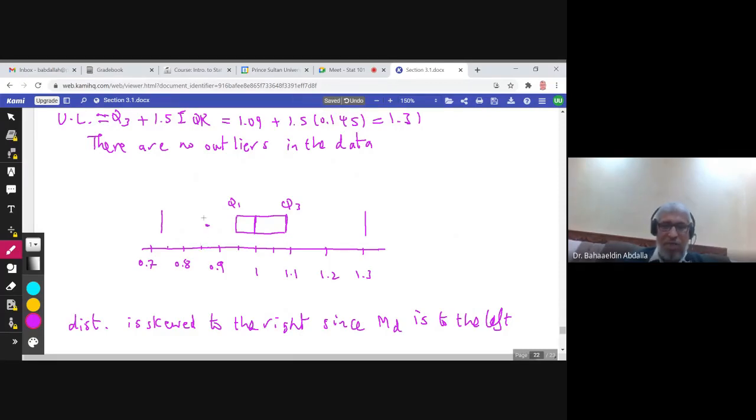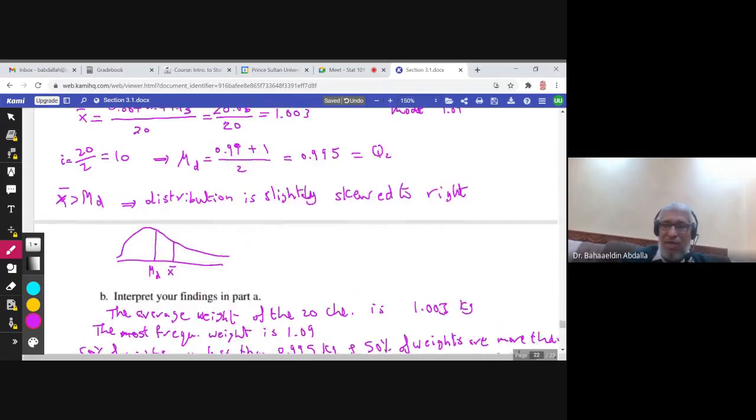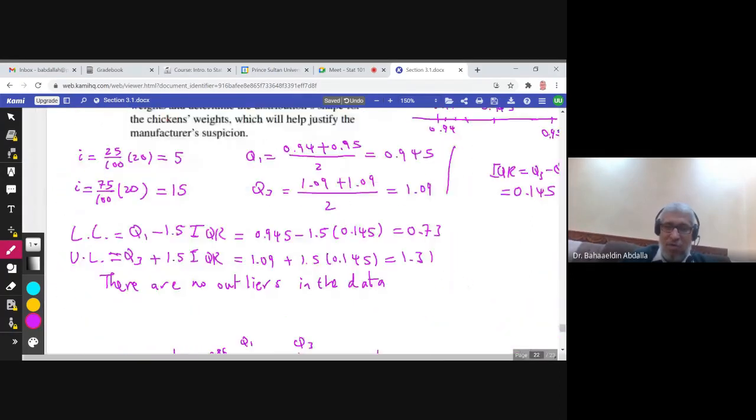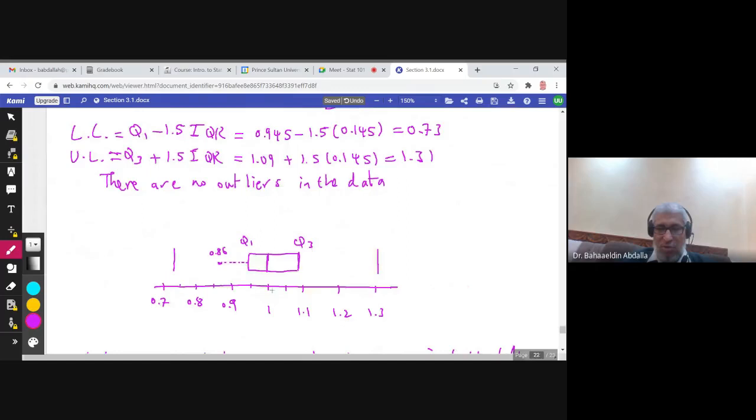This is the smallest number in the data. So you take it to the box plot, and this is the left whisker. The largest number in the data is 1.13. So this is 1.1, this is 1.15, 1.13 is here. So this is the right whisker. It goes to 1.13, and this is the box plot.